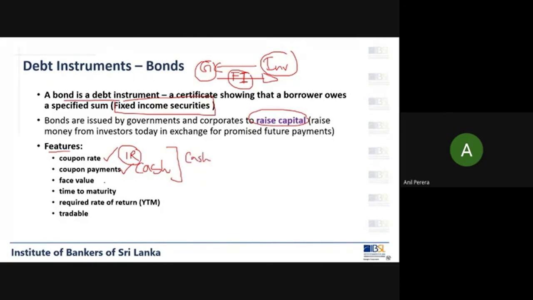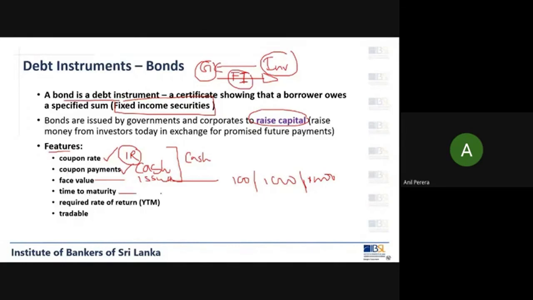There's a face value. Face value means the issued value, mainly in multiples of 100. Could be 100, 1,000, 10,000. Likewise, there are various multiples to issue these bonds.